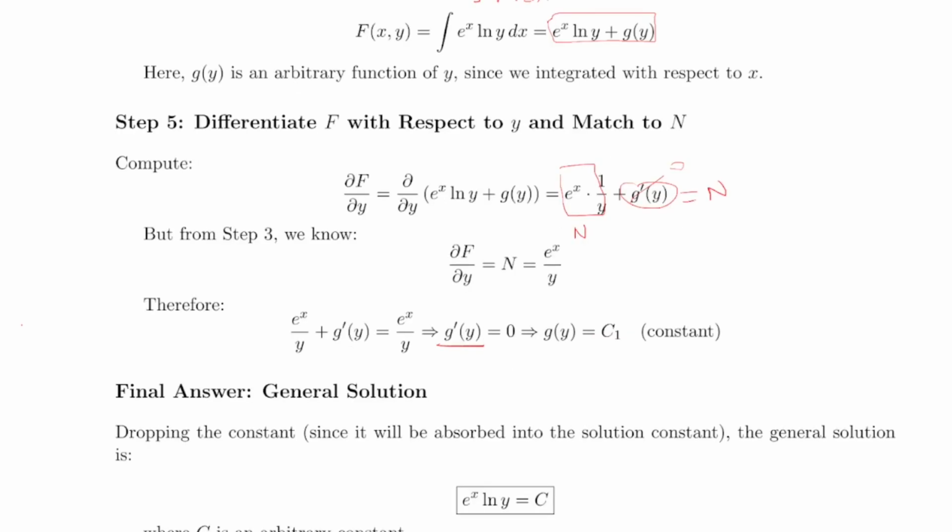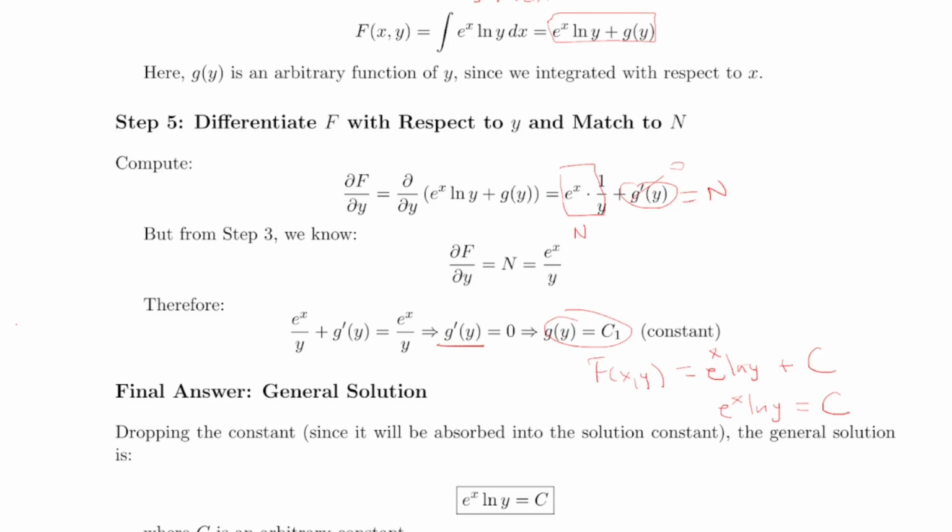Now putting it together, we have F of x, y equal to e to the x times natural log y plus g of y, which we said is a constant. So we'll just call that c. You can think of this as F of x, y, then it'll just be e to the x natural log y is equal to a constant.